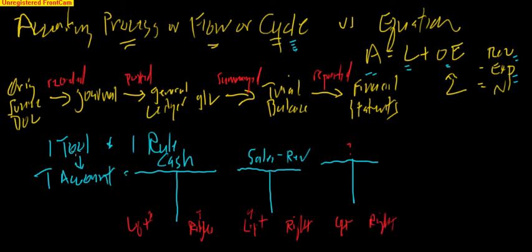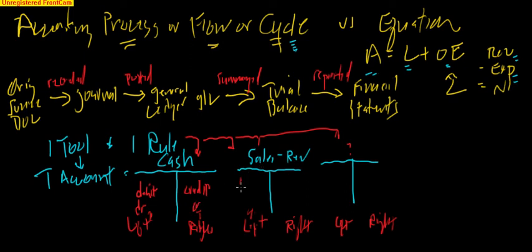The tool is a T account. What's the rule? Here's the rule: for every T account, no matter how many we have, there is a debit side and a credit side. Debit is often abbreviated DR. Credit is often abbreviated CR.